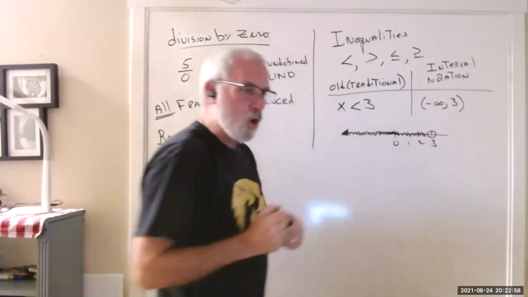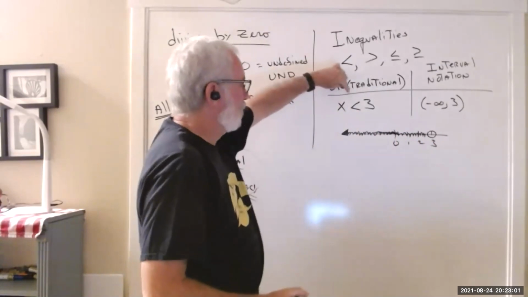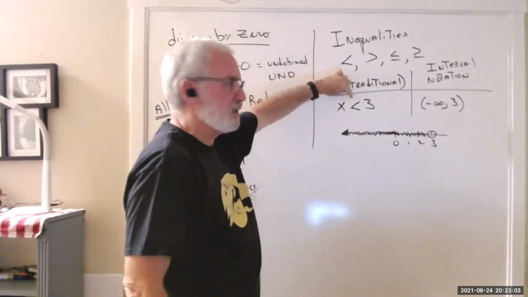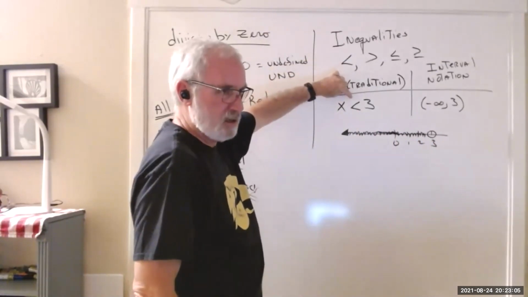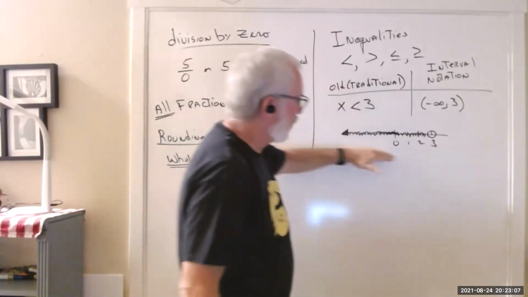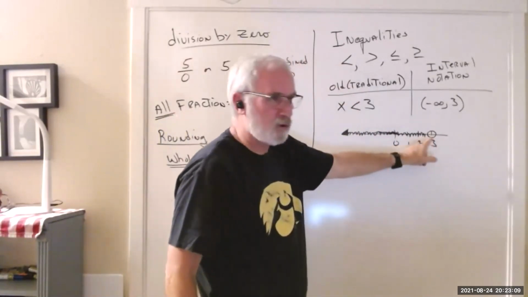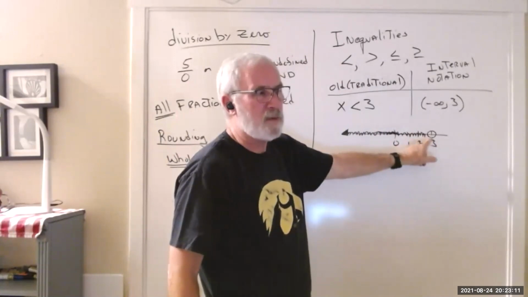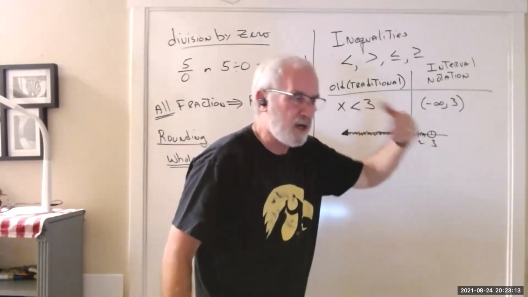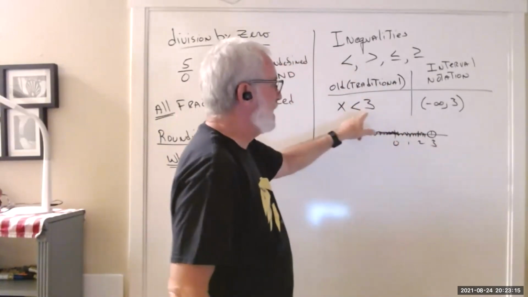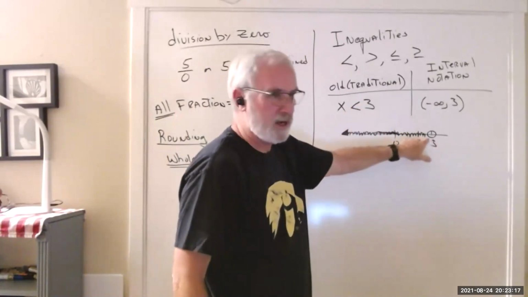So in the old way, when we said x is less than 3, we would graph that by putting an open circle on 3. The open circle, remember, means we're going to come close to 3. 3 is our key number, but we're never going to touch it. We're not going to equal 3.